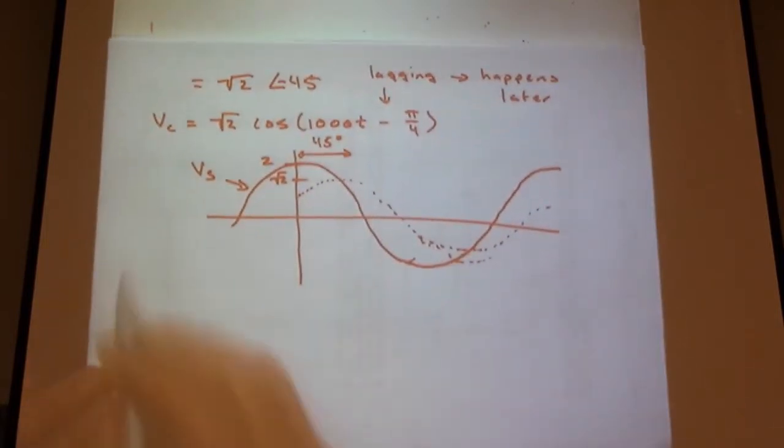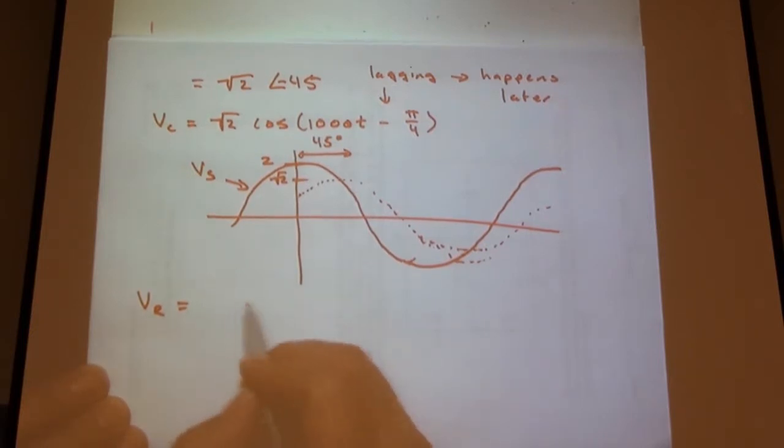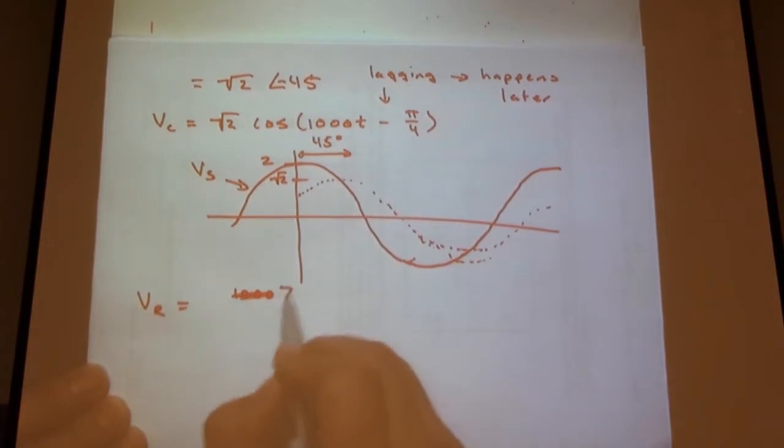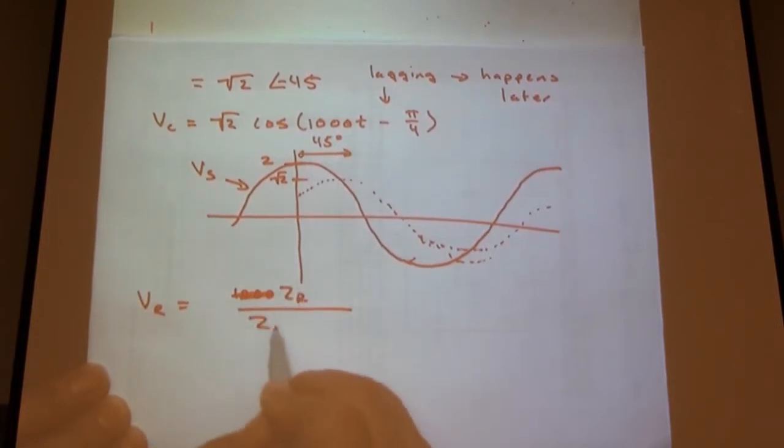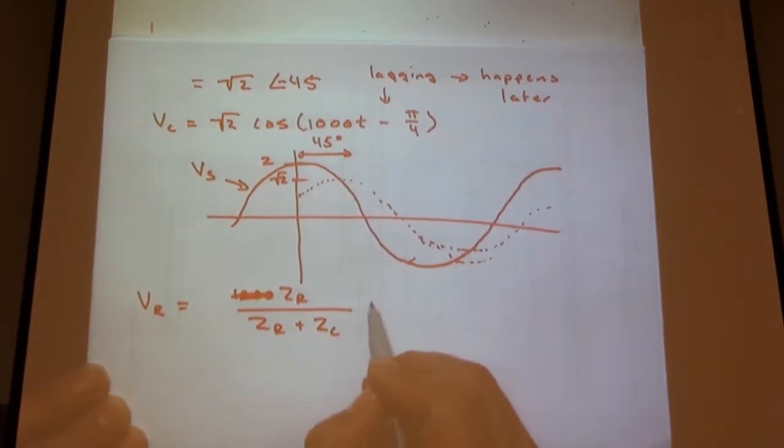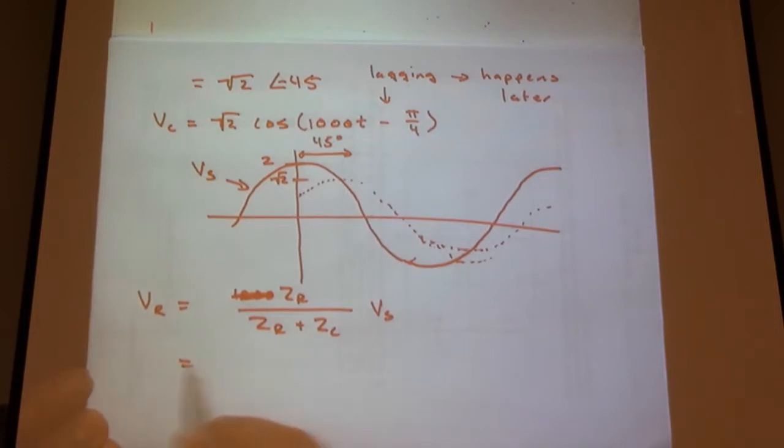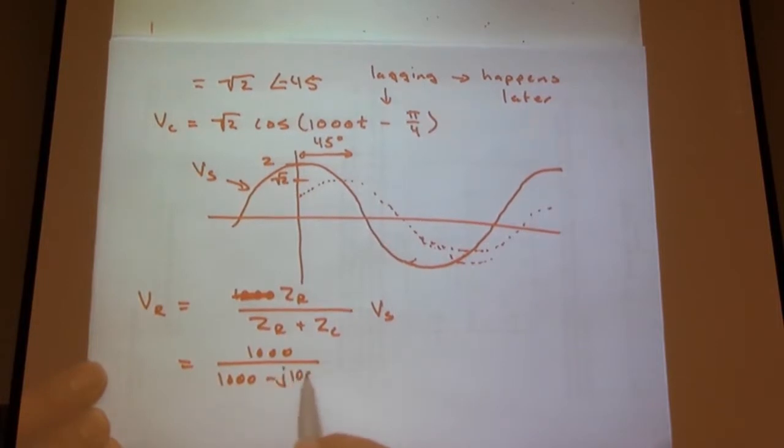Likewise, we can go through and find VR doing a very similar thing. So if we look at VR, we can write it symbolically first: VR is ZR over ZR plus ZC times VS. In phasor form, we know what all those are: 1,000 over 1,000 minus j1,000, times 2 angle 0.